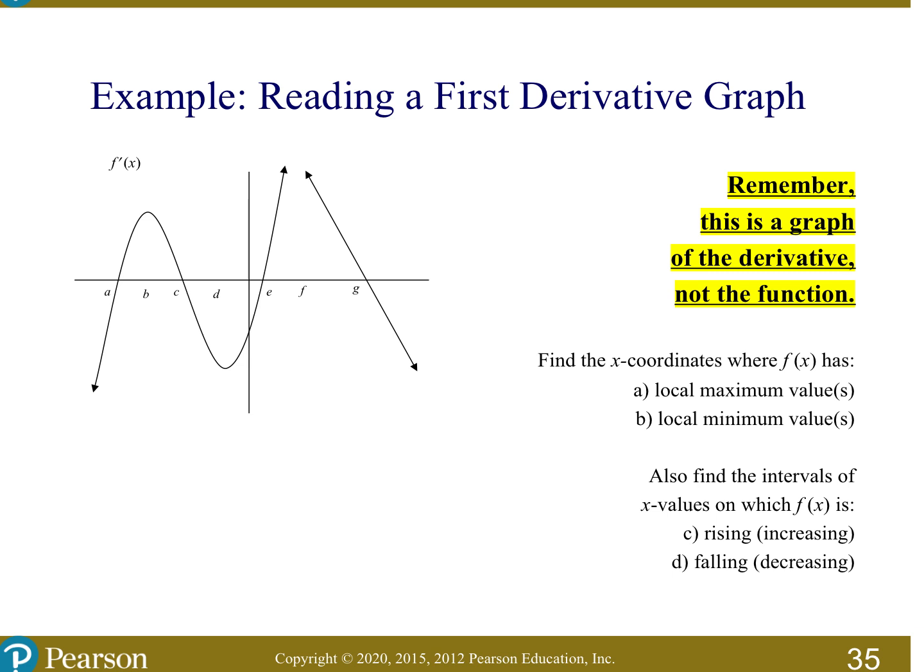And remember that the definition of a local max and a local min starts with f prime of x being equal to 0. So we start with f prime of x being equal to 0. Well, that happens here at A and at C and at E and at G.